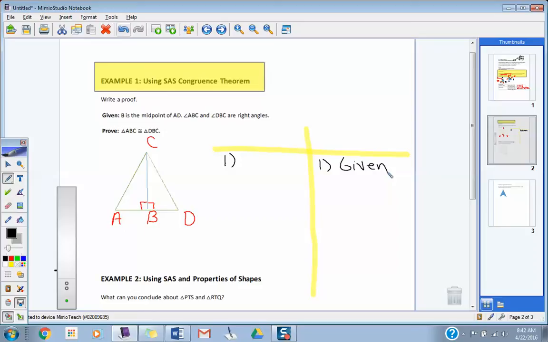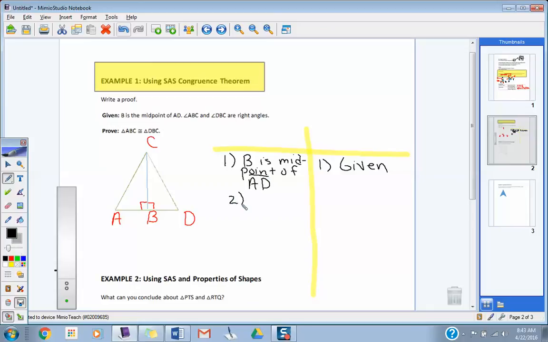B is the midpoint of segment AD. That's given. What else is given to you? Angle ABC and angle DBC.